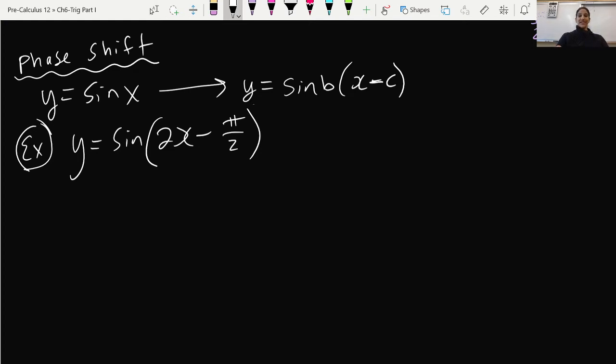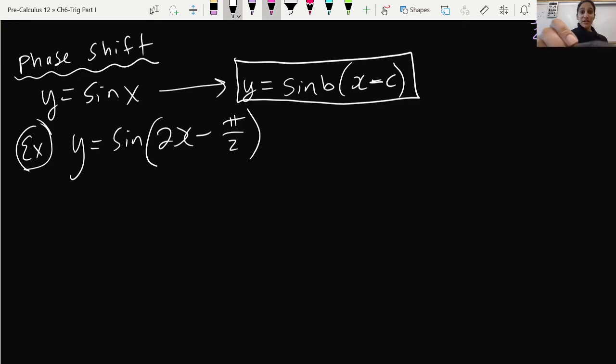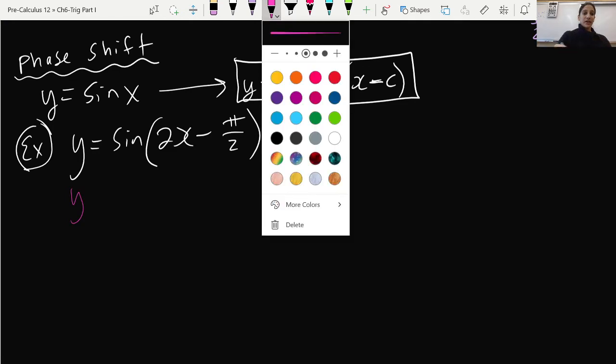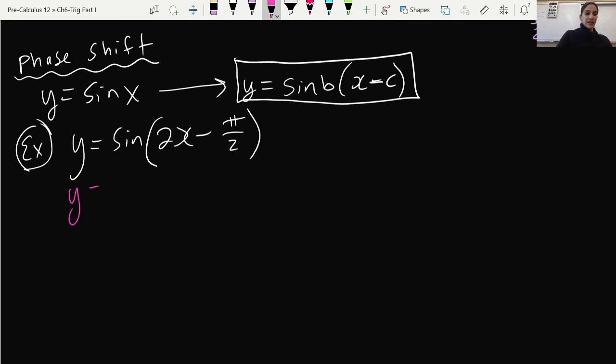First of all, this does not really look like the thing that I gave you, but I need it to look like that because we need a nice clean factored form so I can easily pick out what b is and pick out what c is. So that's my first job in working with this. I need to clean things up and factor out appropriately to figure out what's going on. So let's do that in our first step.